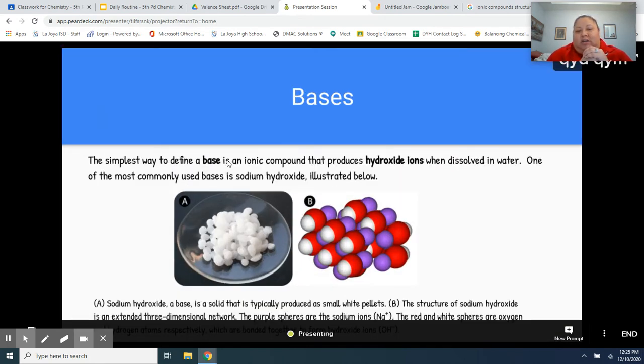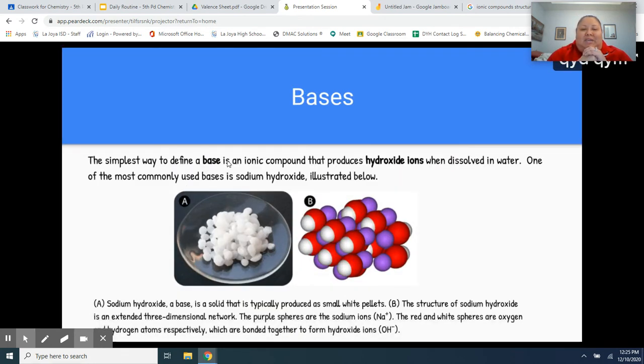So let's start talking about what exactly a base is. The simplest way to define a base is that first, it's an ionic compound, and second, it produces hydroxide ions when dissolved in water. So the first thing you need to remember about bases is that it's an ionic compound.